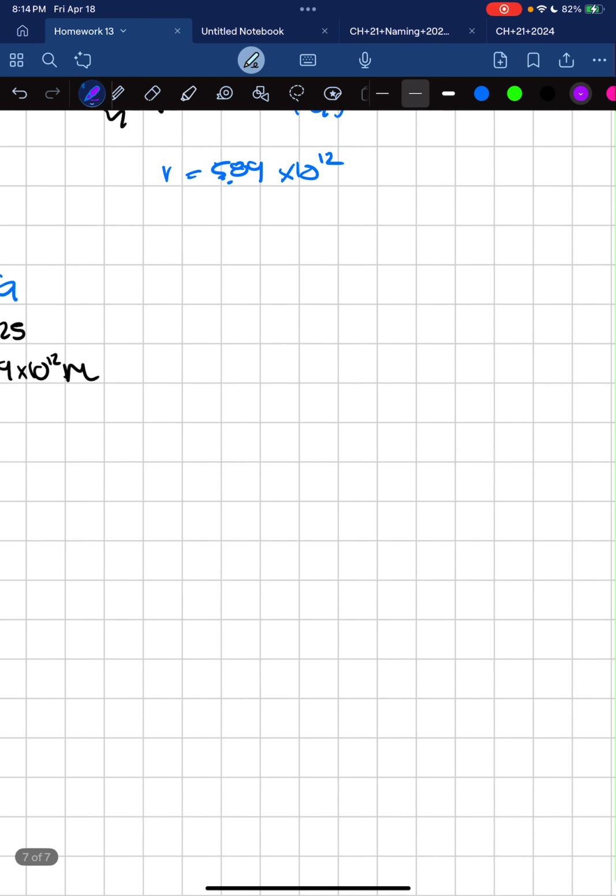And let me write the formula. We're going to use the formula we used for the question before this one, which was radius of the perihelion equals semi-major axis times 1 minus the eccentricity. So let me go ahead and solve for that.